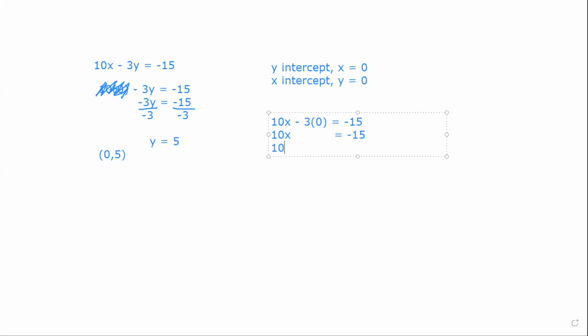Now I'm dividing by 10. 10 is my coefficient now for the x term. So x equals negative 15 over 10. I'm going to keep it as a fraction, negative 3 over 2. Divide both of those by 5. It's the same thing as negative 1.5. So my x-intercept, and I'm kind of doing it on purpose too to make it look even weirder, negative 3 over 2 comma 0.